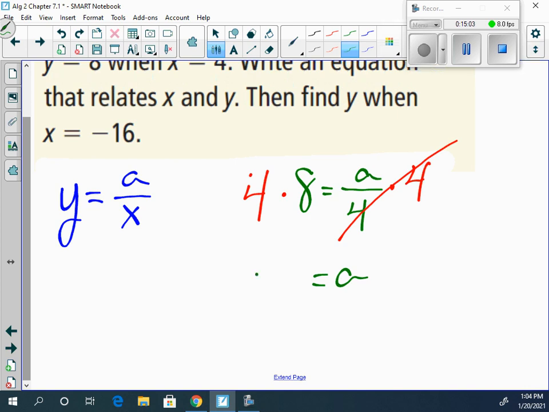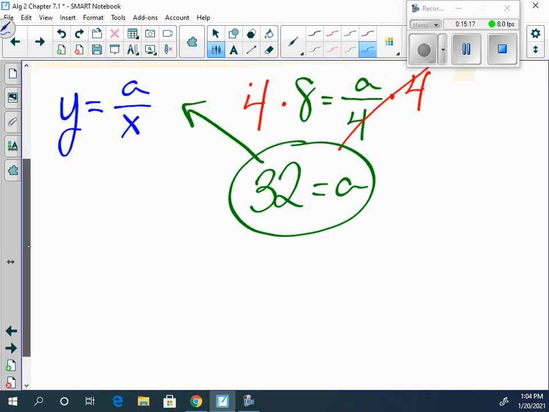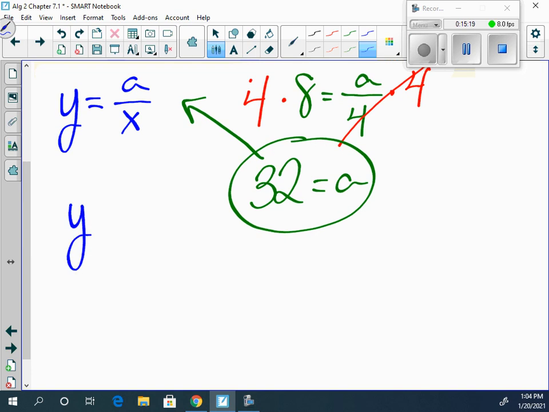And 4 times 8 is 32. Find the value of a, and we'll plug it in. And when we plug it in, we get y equals 32 over x.